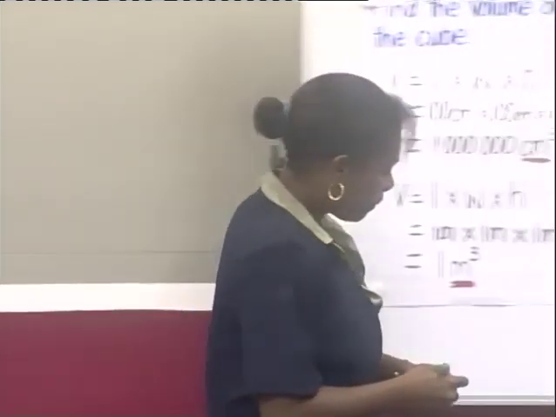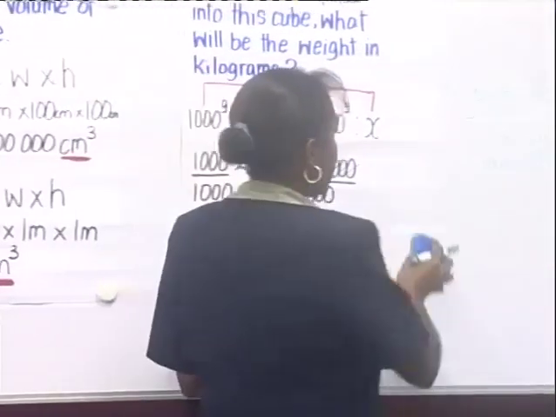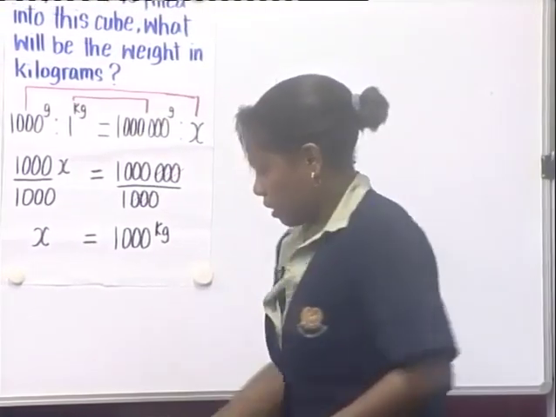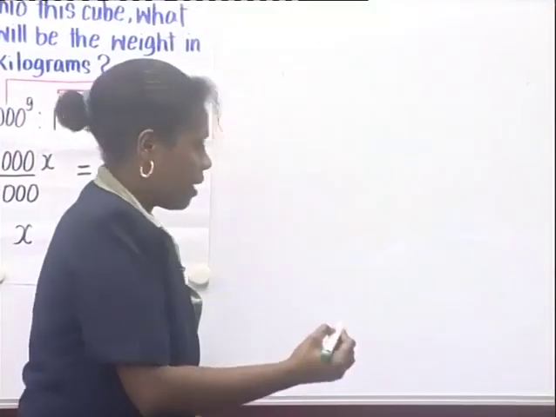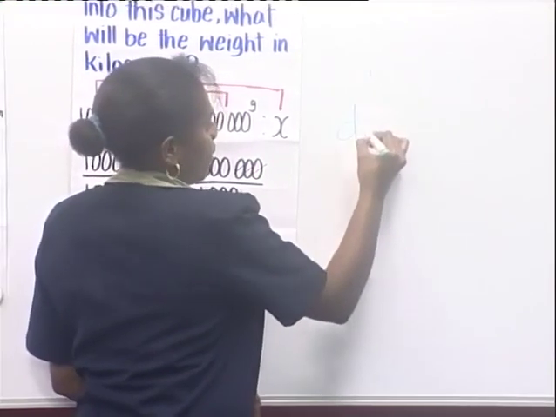All right, what we used was a beaker, a measuring cylinder, and a spring balance to find the weight of the rock. What was the weight of the rock?